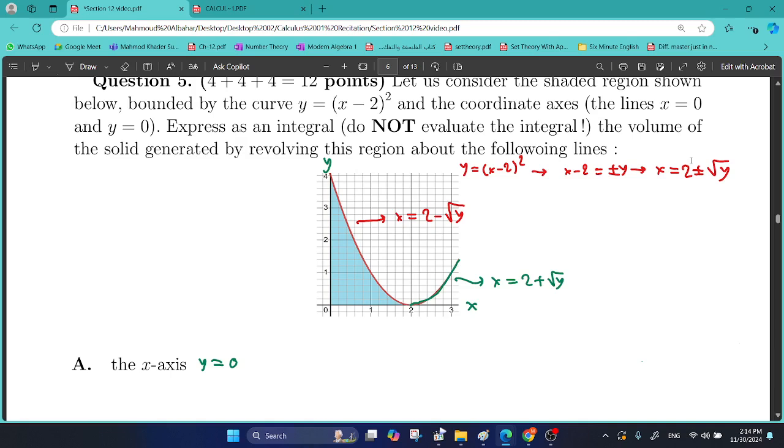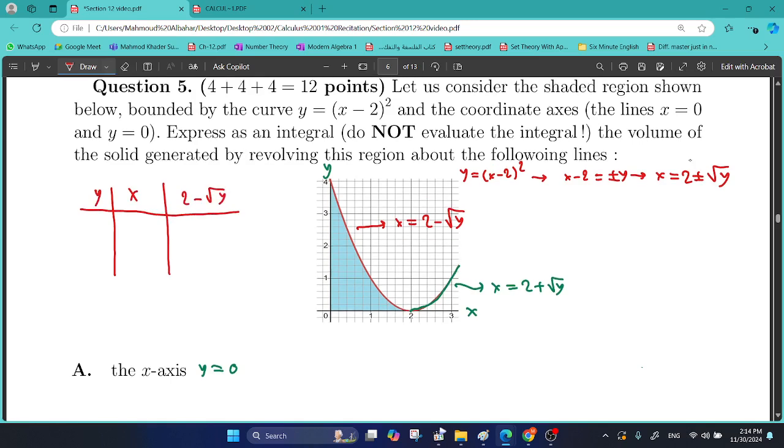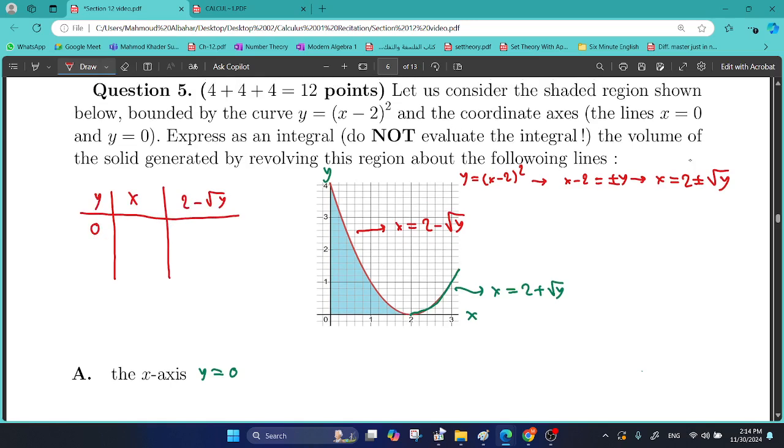How to see which one is this red or this green? You simply find points. See here, y and x, 2 minus square root of y. But let's correct something here.